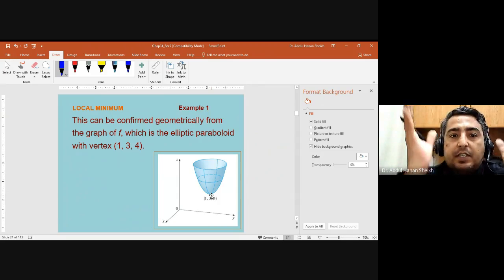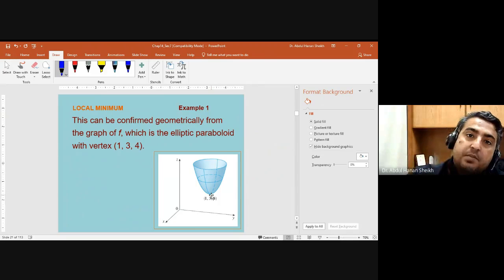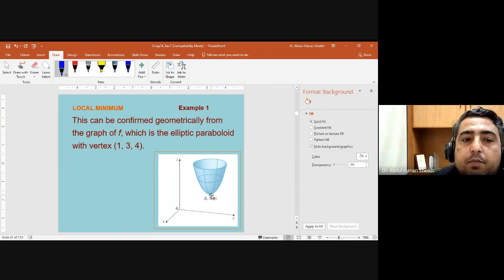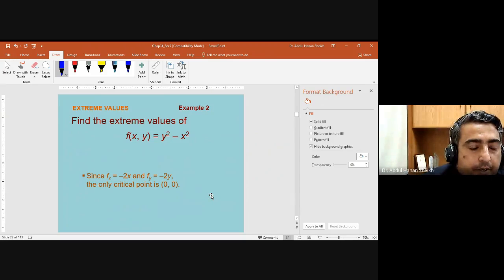So this function is increasing like this. There is no other minimum point below this point. So this is the only minimum point, so the absolute minimum, a geometrical confirmation. Of course we cannot do this confirmation with pen and paper. We need a graphing software like Desmos and GeoGebra or whatsoever.